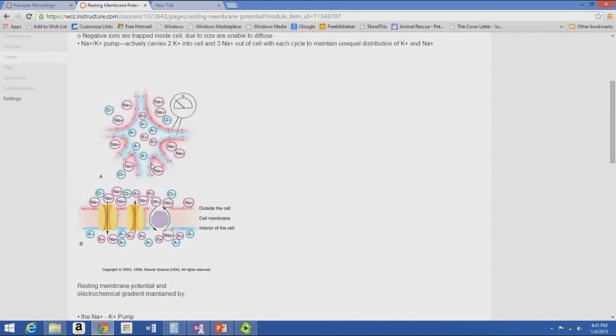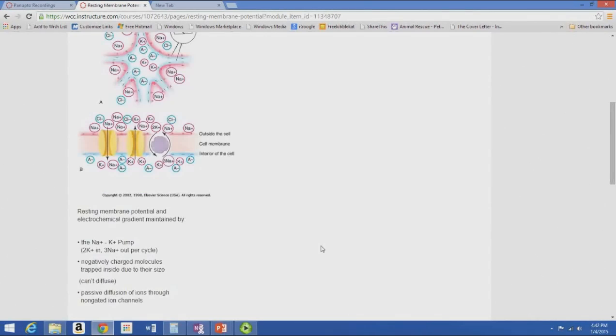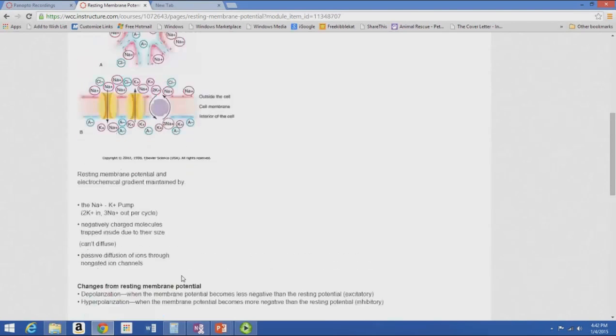So the inside of the cell is relatively negative, that negative 70 millivolts. The outside of the cell is relatively positive. I already talked about this: the pump, the negatively charged molecules trapped inside due to their size, and passive ion channels.